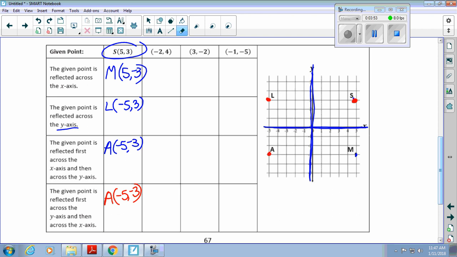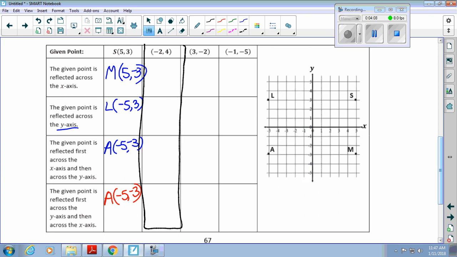Let's do the next set together. These points were given to you. We're going to ignore essentially that first set of points, and we're going to focus on this column of questions next.